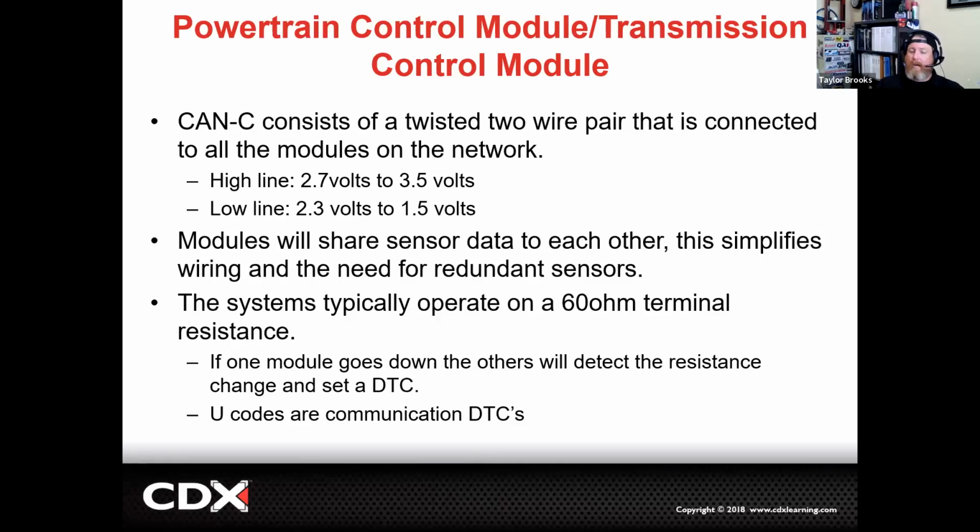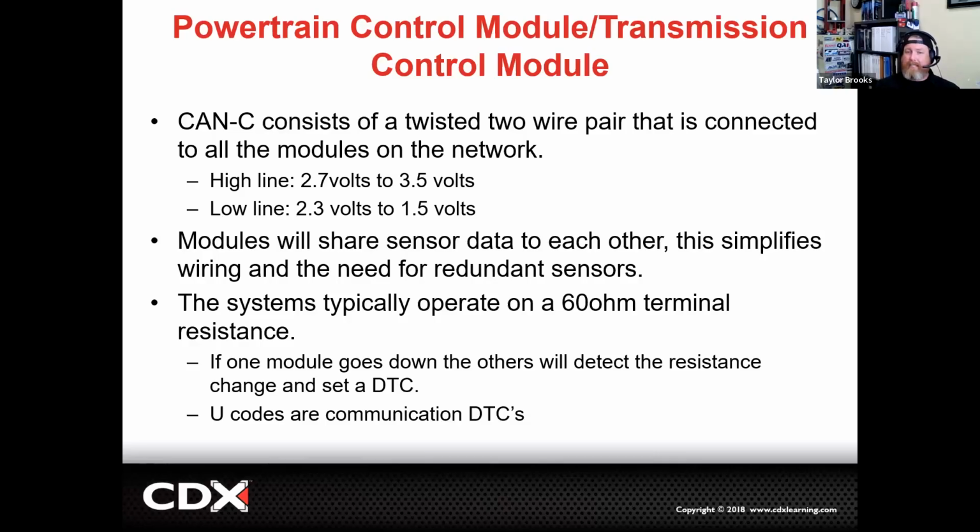So if I am doing diagnostics and I am measuring the output voltage on the high side at the PCM and it is at 5 volts, I know that the high and low lines have shorted together, and therefore I have to look for something that has gone awry, something that's smashed, or anywhere else that there can be damage. It could be damage in the computer itself. And the inverse can be that way for the low line system as well. Now, this can be double checked by checking resistance.